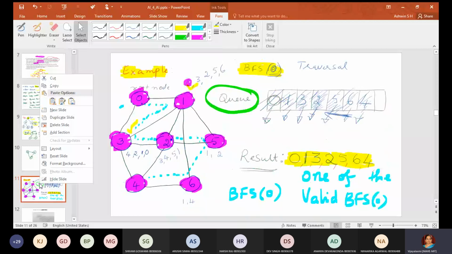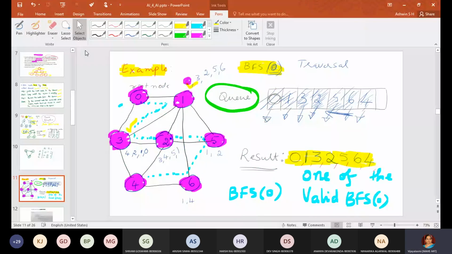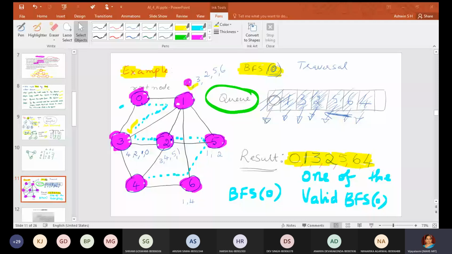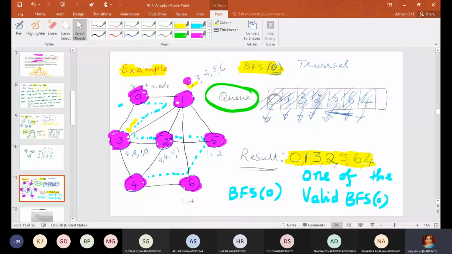Any doubts, anybody? When I ask any doubts, there are only two things, yes or no: either you have understood fully or you have not understood anything.